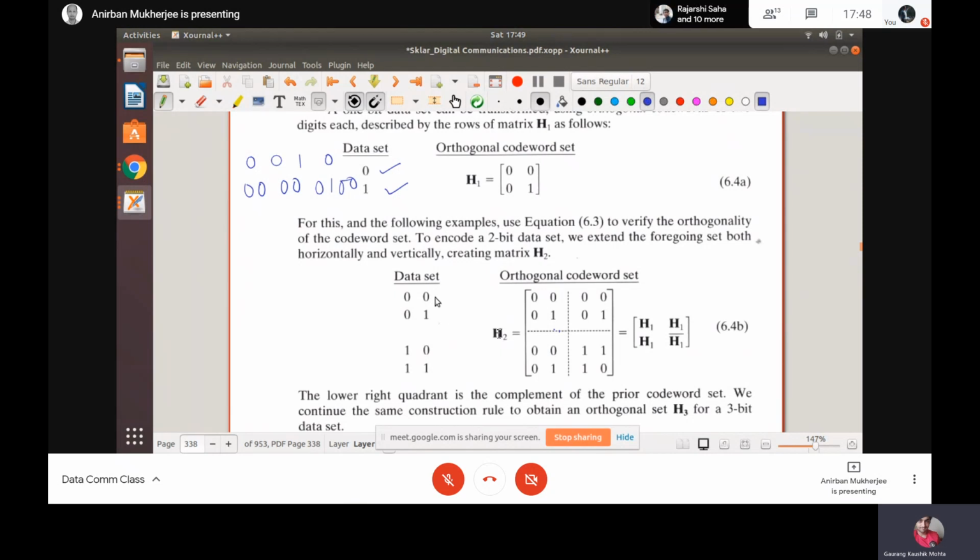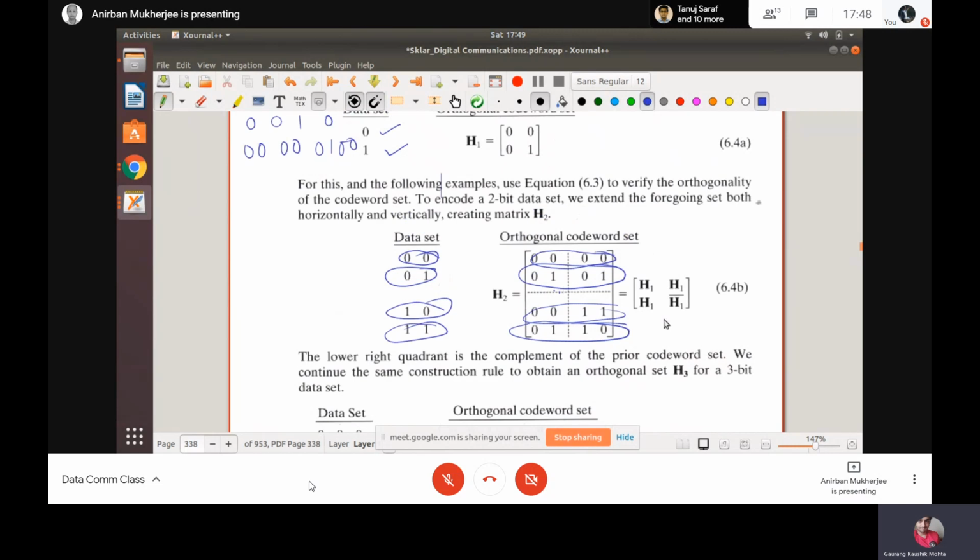That means when you have a data set of 0, 0, you transmit this. When you have 0, 1, you transmit this. When you have 1, 0, you transmit this. Then you have the data set 1, 1.